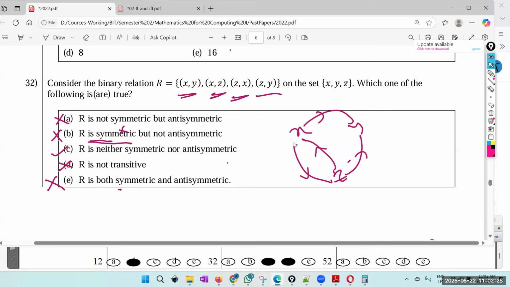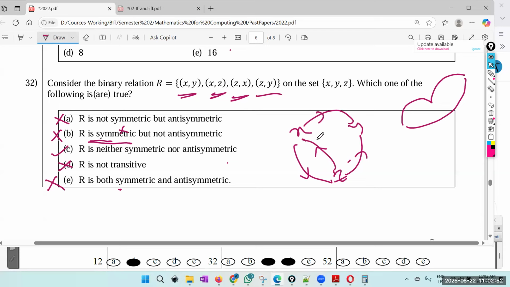That means if something is not symmetric, automatically it is not transitive also. I think if it is not symmetric, it can't be transitive also, right?